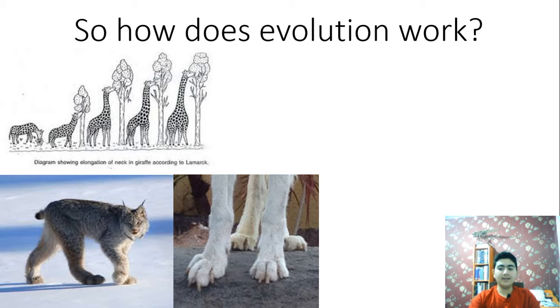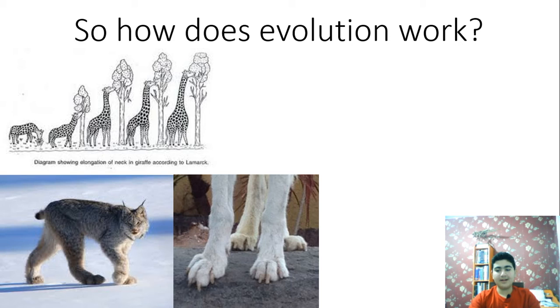And as long as the environment stays the same, fine. But if, for example, Canada was very dry or rocky, these wolves would be better off, and the lynx would have to evolve to have feet more like this wolf's feet or paws.